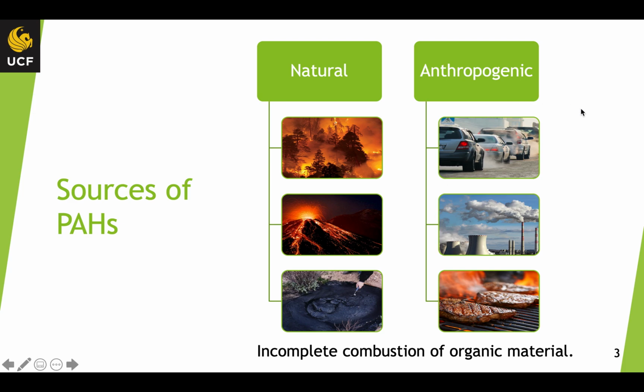And then anthropogenic sources would include emissions from the combustion of fossil fuels, such as those emissions from cars, the emissions from using those same fossil fuels as energy, which can be portrayed here, and something as typical as the high temperature grilling of meats also develops these PAHs. But the main commonality between these two main sources is that they involve the incomplete combustion of organic material.